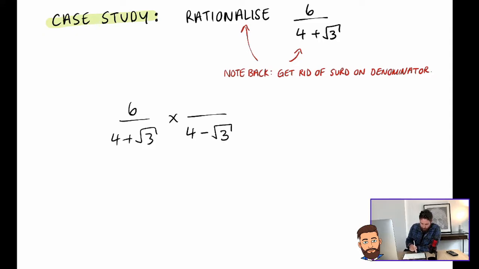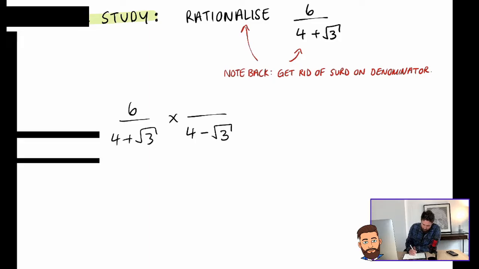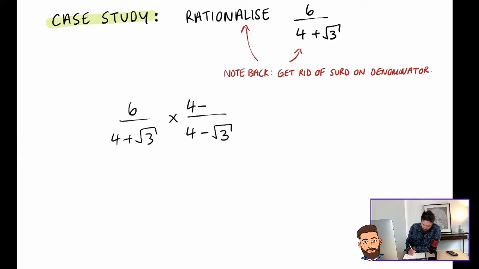Remember, whatever you do to the bottom, you have to do to the top. So we're going to times the top by minus root 3 as well. So hopefully at this point, you can understand why we needed to do all of the parts of surds we have already. The expanding surd brackets, the rationalizing, it all leads to this.